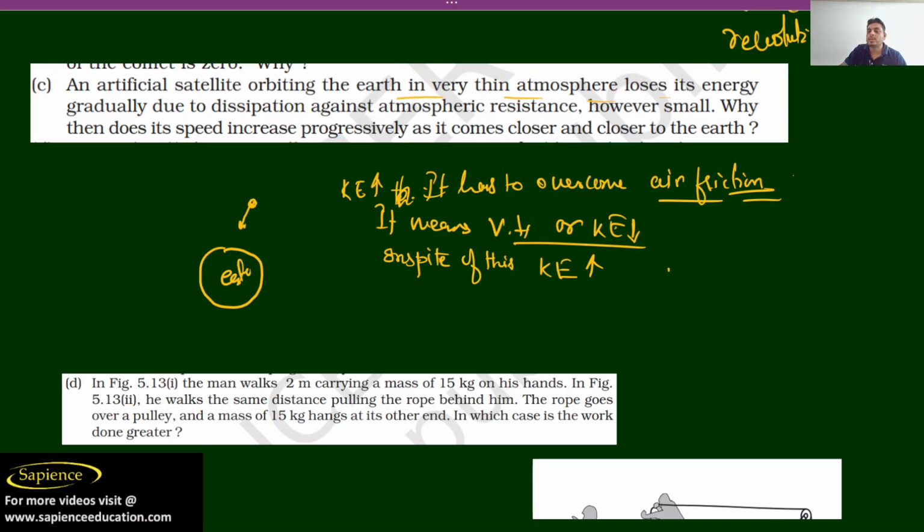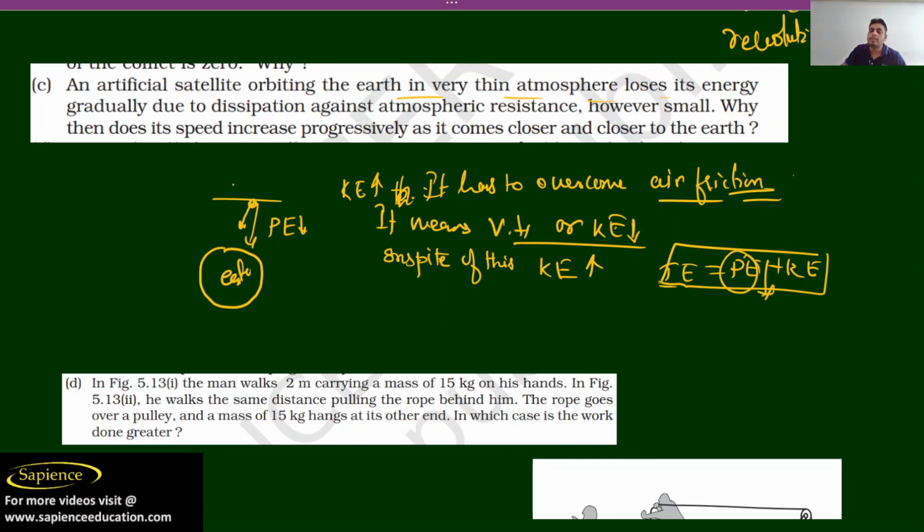As we know, total energy is equal to potential energy plus kinetic energy. When a satellite is coming down, it means that potential energy is decreasing. So if potential energy is decreasing, what will happen?